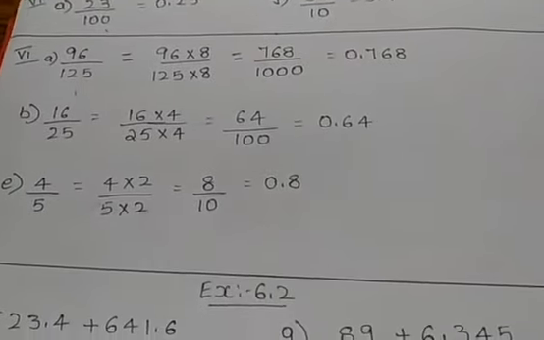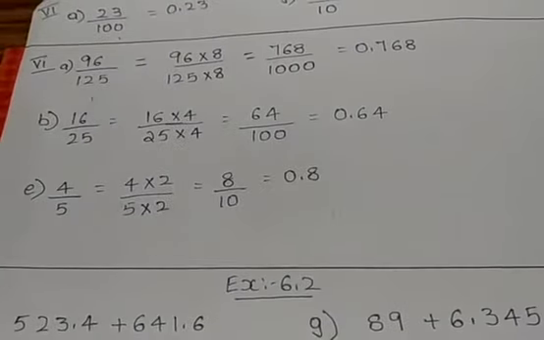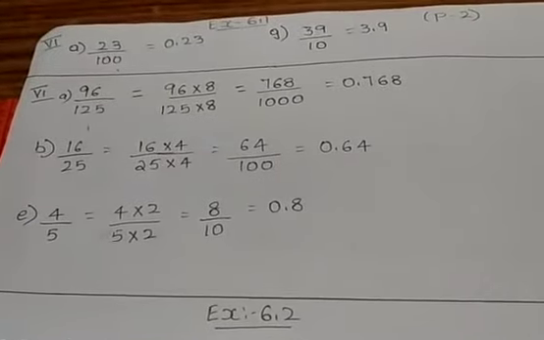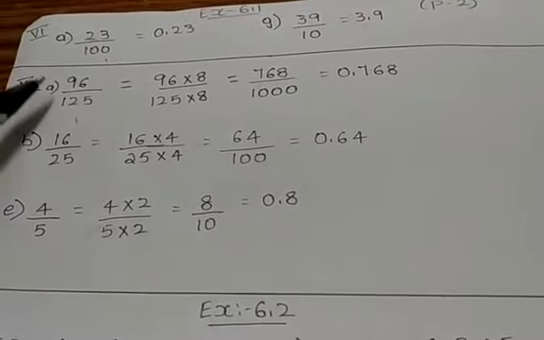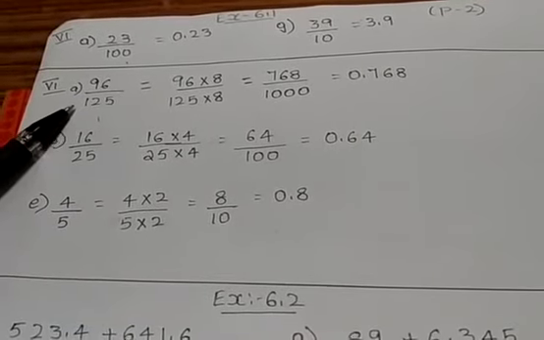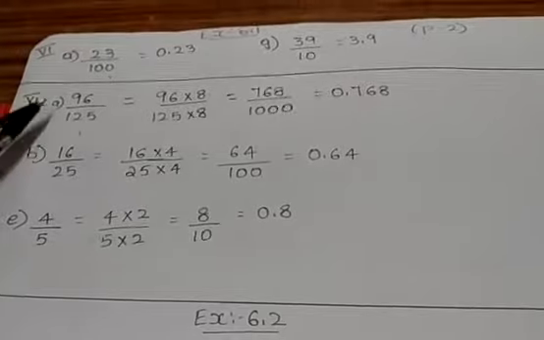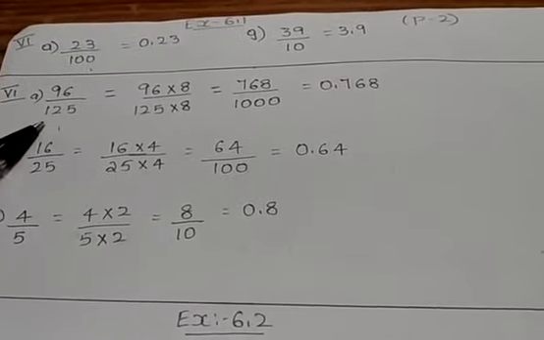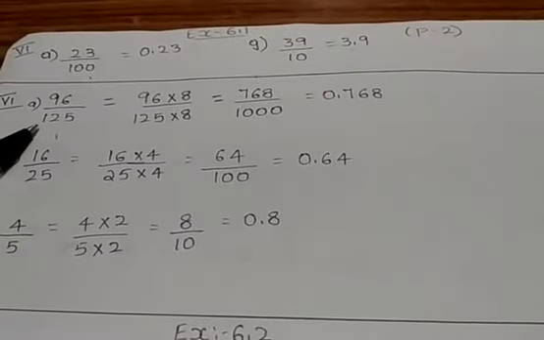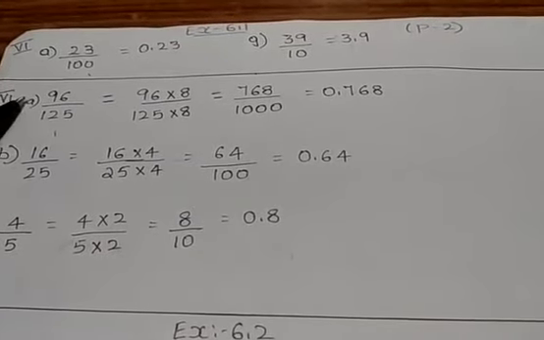Next main: convert the following to decimal fractions by converting the denominators to 10, 100, 1000, etc. First one is 96 by 125. In the sixth main, we had 10, 100, 1000 as denominators, so directly by counting zeros, we converted fractions into decimals.